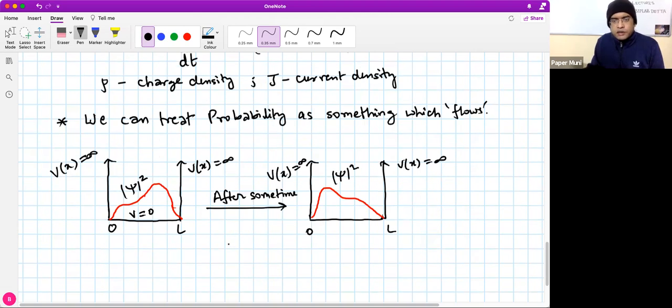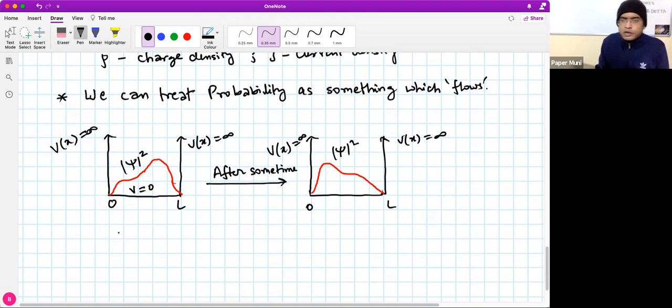Now what is happening here? Why are we treating probability as some quantity which can flow?